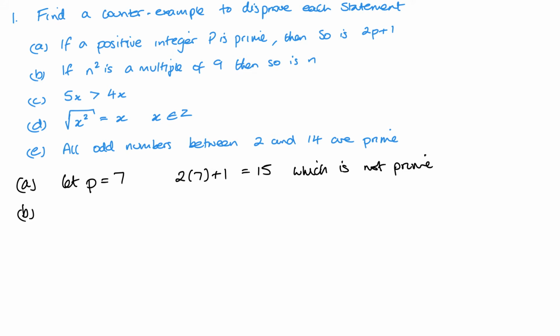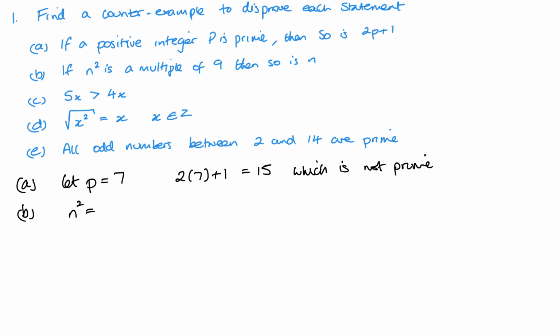B, if n squared is a multiple of 9, then so is n. So first we want to find a multiple of 9, and the easiest one to think about is one that's going to be a square number here, as we're looking at n squared. So a multiple of 9 that's also a square number, let's go with 36.